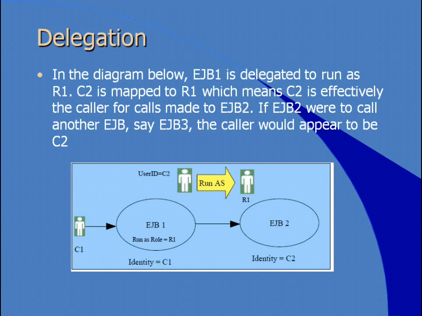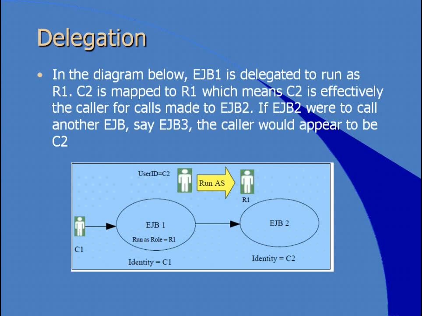This means effectively that C2 is the caller for any calls that are made to EJB2. If EJB2 were to call another EJB, say EJB3, which is not in our diagram, the caller would appear to be C2, or the caller identity 2, because that's the caller identity that gets passed down from EJB1 to EJB2.